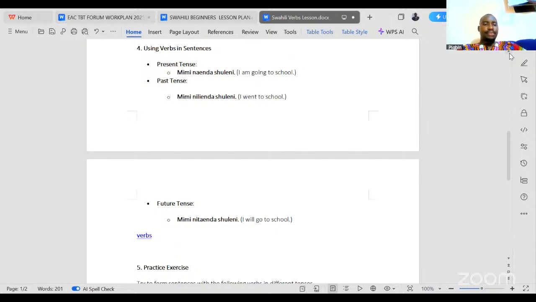If it is plural, the second person will say nyinyi mnaenda shuleni, you are going to school, or nyinyi mtaenda shuleni, you will go to school, or nyinyi mlienda shuleni, you went to school. If it is the third person pronoun, we will say wao wanaenda shuleni, they are going to school.